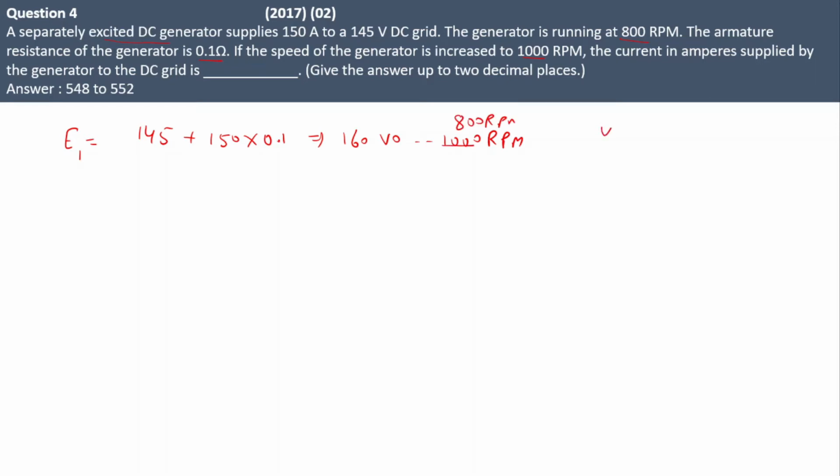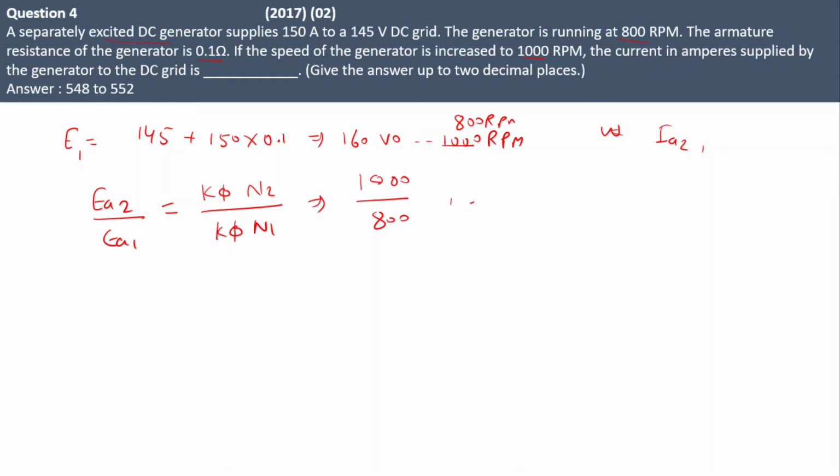So what will be the current IA2 for the speed of 1000 rpm? So find out EA2 divided by EA1. Excitation is constant, so it is K phi N2 by N1, K phi N1, so N2 by N1, N2 is 1000 divided by 800.